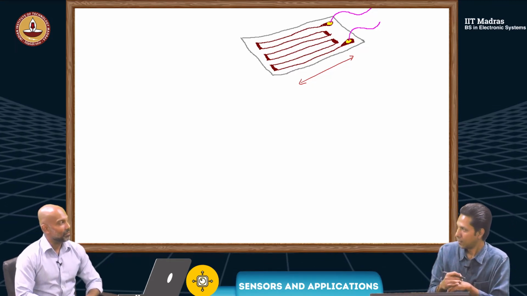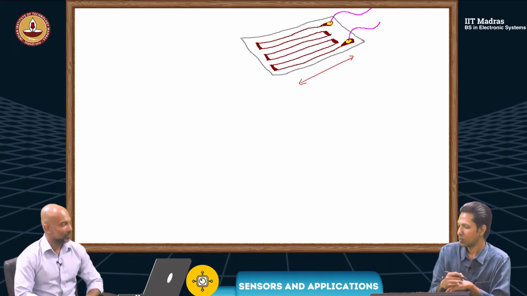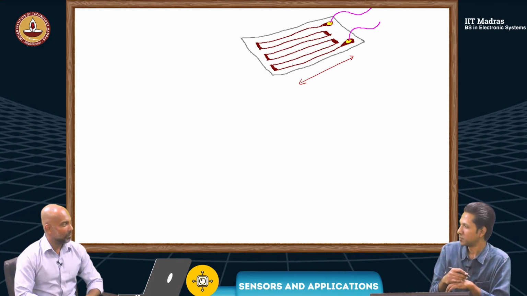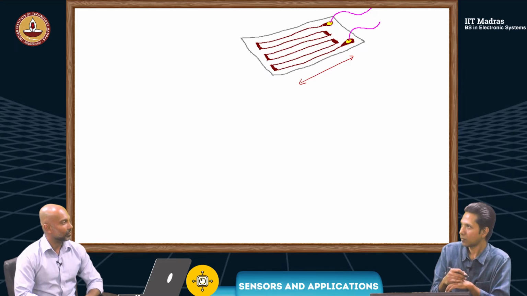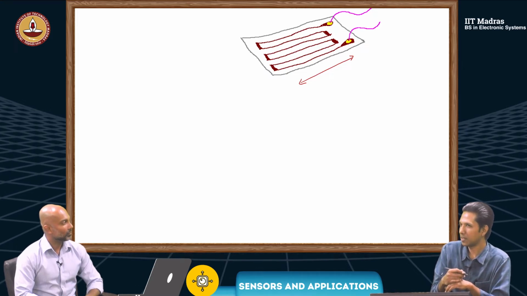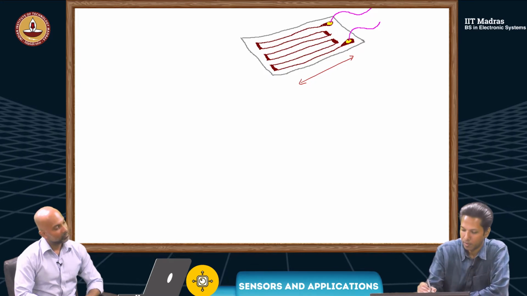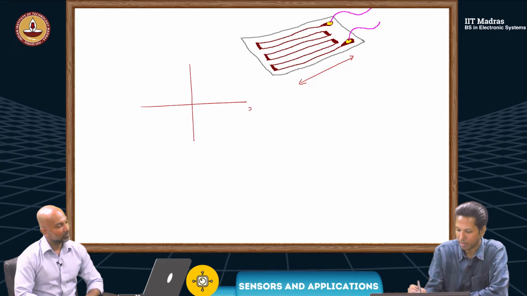So can we have multiple strain gauges? Is that a possibility? Yes, maybe in all directions, or the directions that we think we're measuring. So one way could be, let's say we take XY directions.